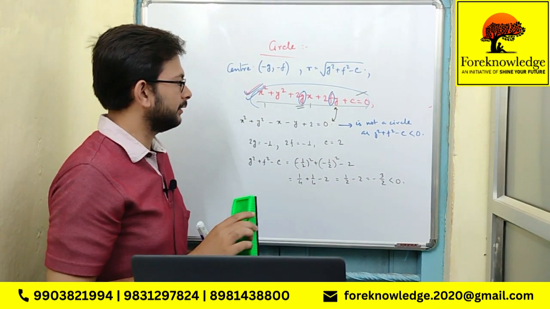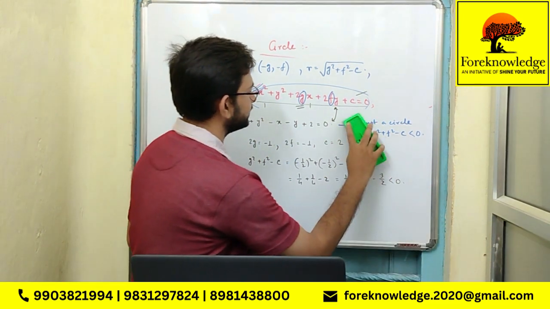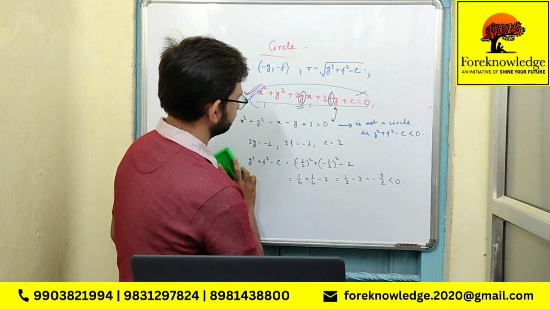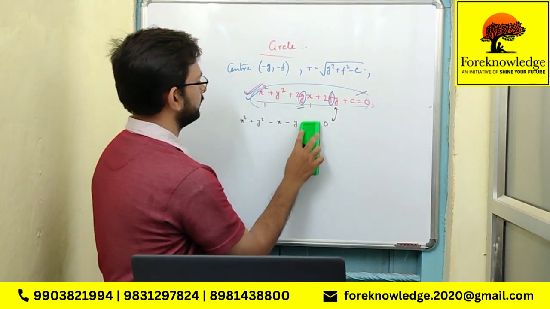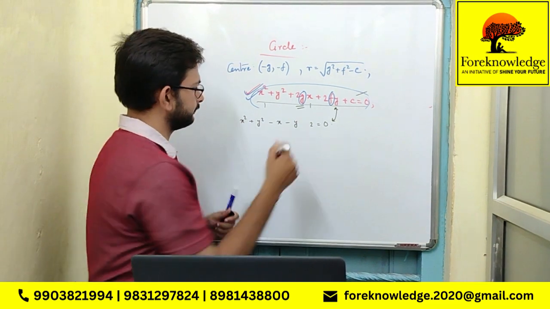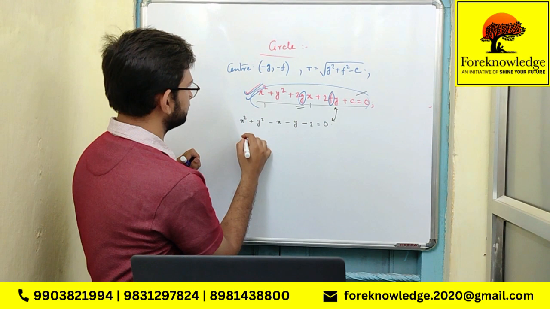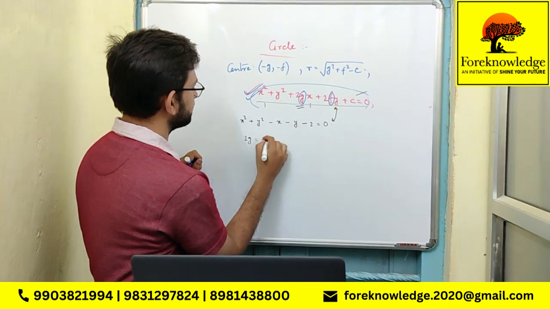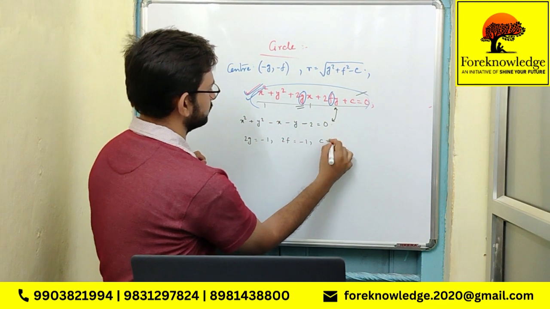Now, if we just slightly change this equation, how? Take this as minus 2. Then the equation becomes, so now again 2g is minus 1, 2f is minus 1 and c is minus 2.